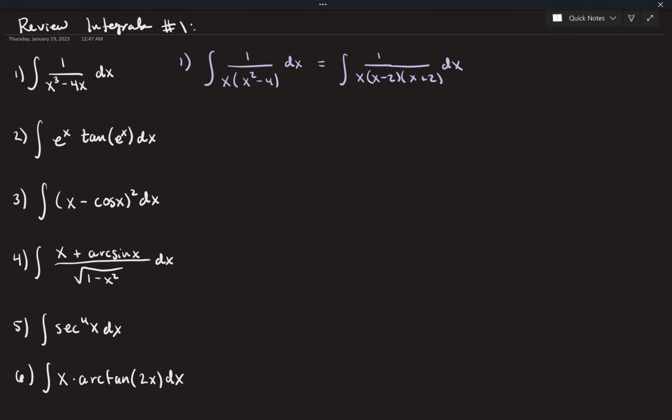Okay, so now I'll go ahead with my partial fractions. I have A over x, B over x minus 2, C over x plus 2, and that's 1 over that. Multiply everything by that denominator.